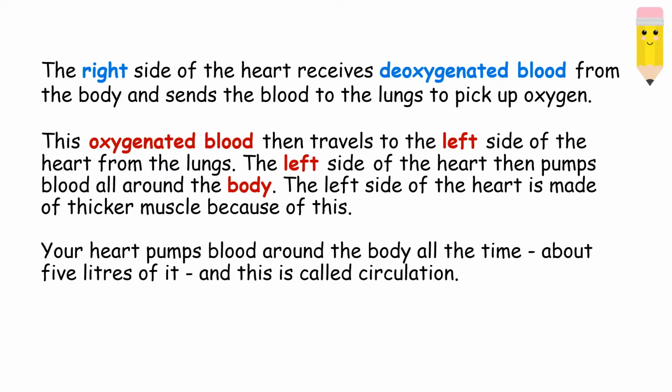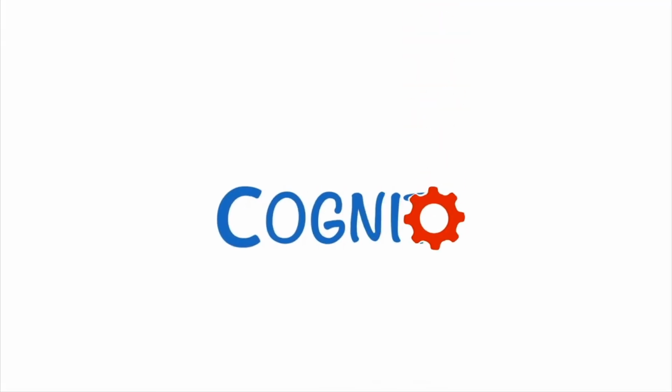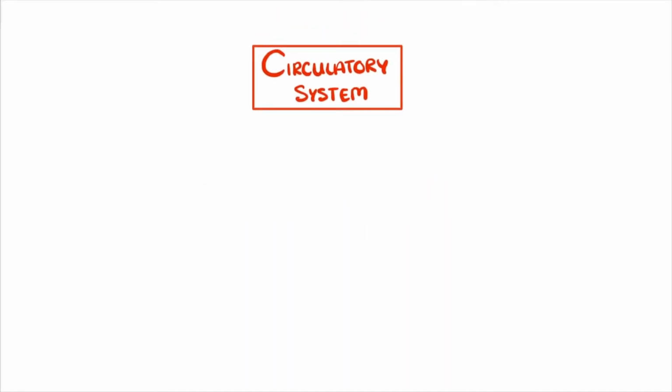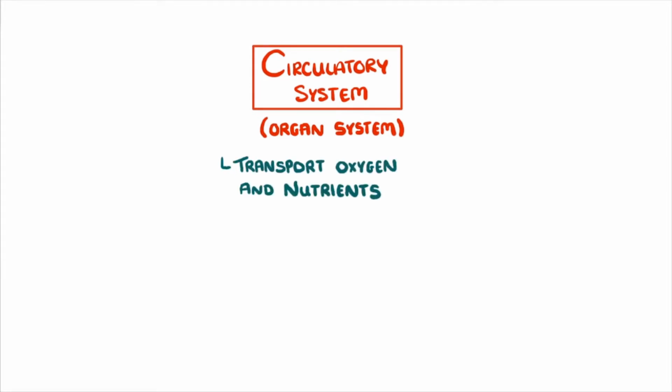Your heart pumps blood around the body all the time, about 5 litres of it constantly, and that is called your circulation. The circulatory system is an example of an organ system, and its role is to transport oxygen and nutrients to our body's tissues.